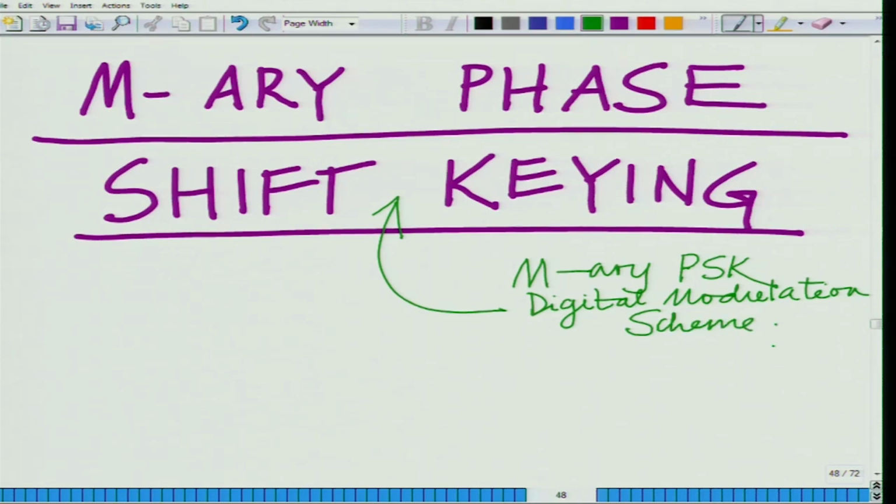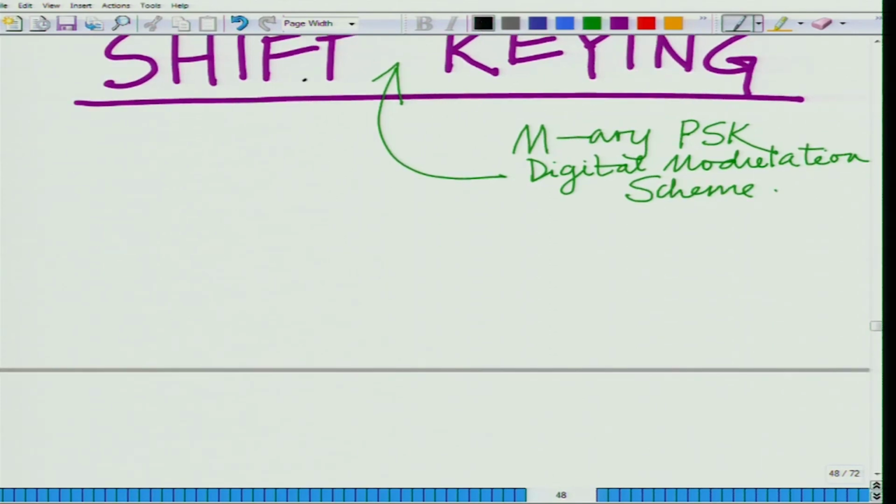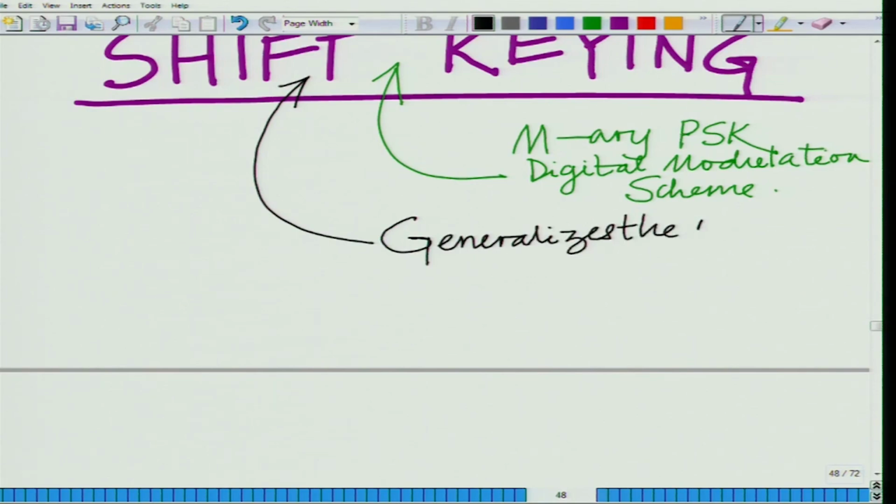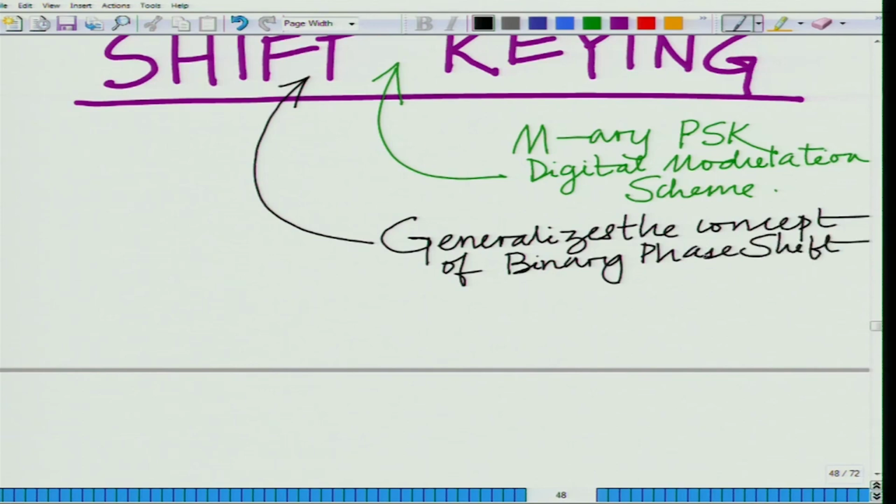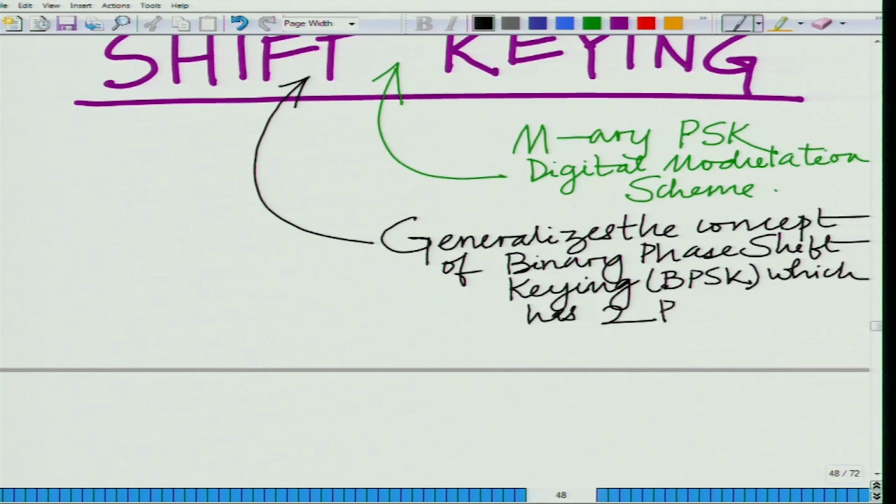This is another digital modulation scheme, and it generalizes the concept of binary phase shift keying, or BPSK, which has two phases. And it generalizes to M-ary phase shift keying.